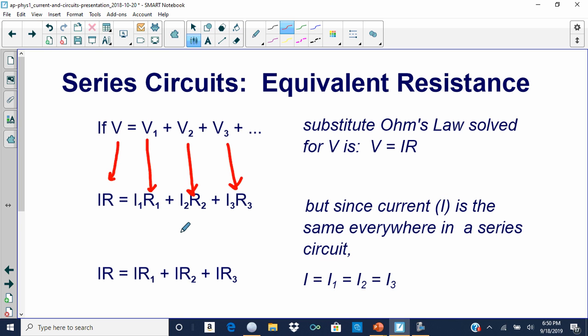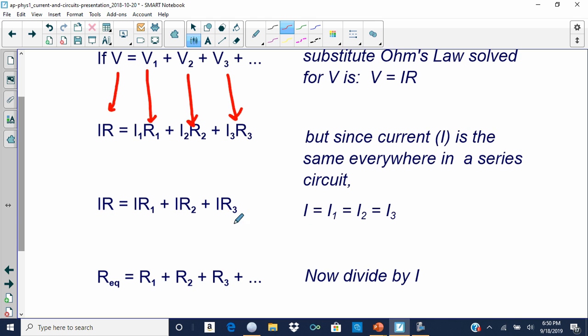But we know that I is the same for every single one of the resistors, right? The total current is the same throughout the whole circuit. So we can replace I1, I2, I3 with I. So now we have IR1, IR2, IR3.